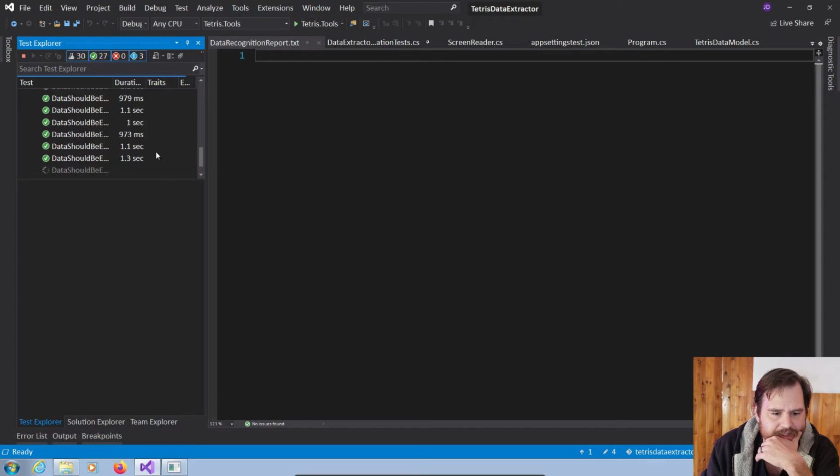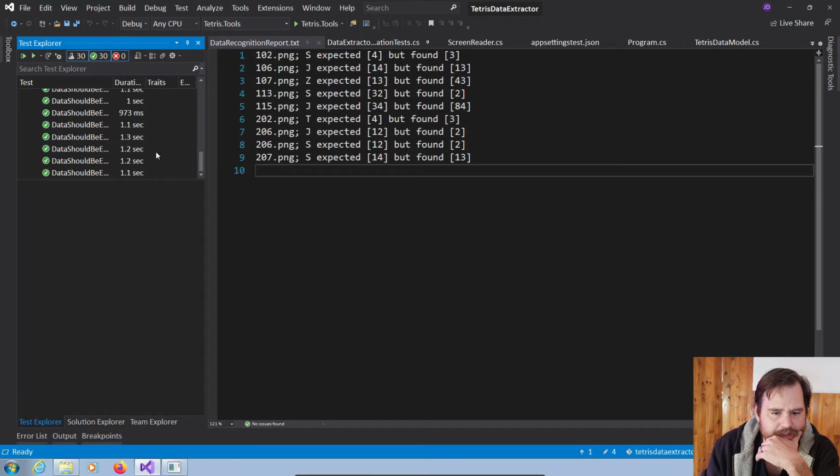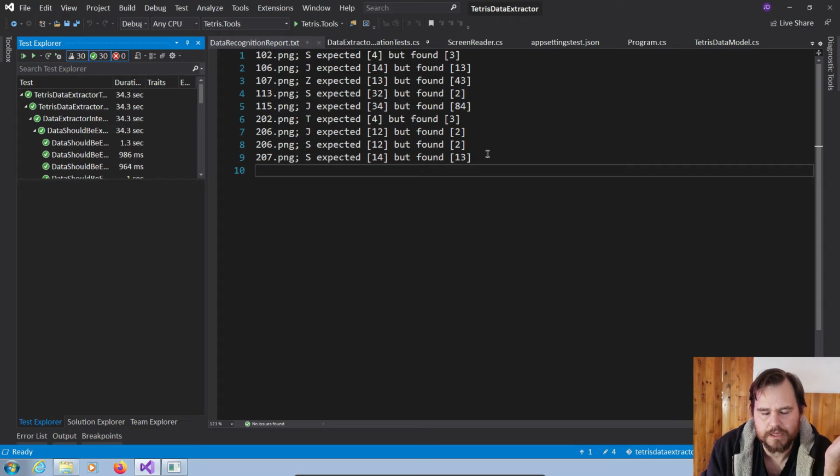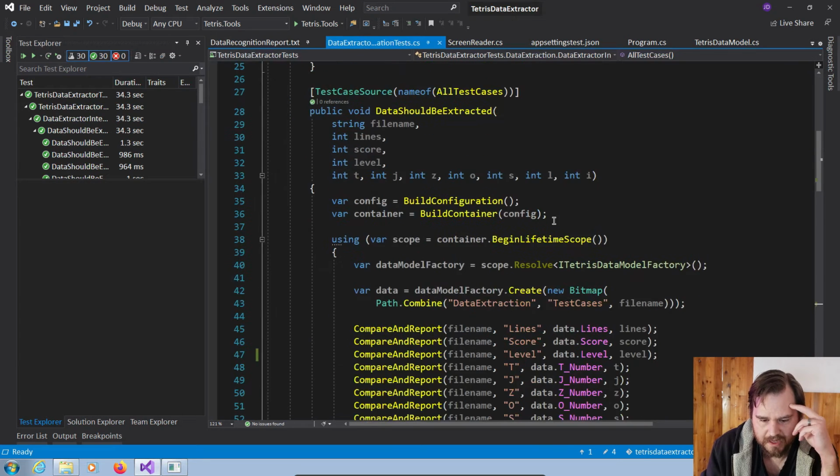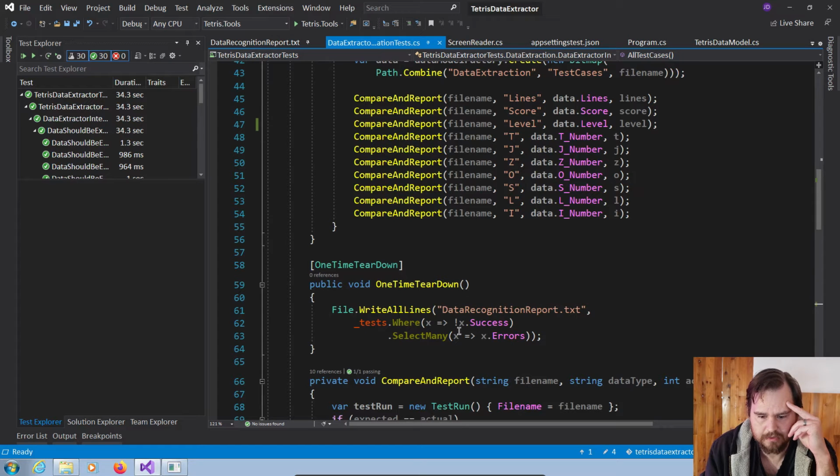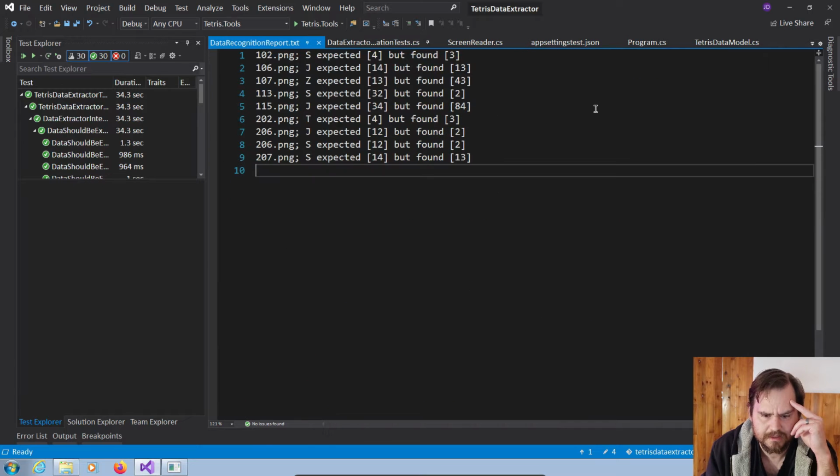What? There we go. Oh, of course, because we didn't. I was thinking, boy, we're not seeing any issues. But I only write the file at the very end when we're ending the test, so that makes sense. Okay, these look familiar. No, they don't. They look different. I'm mistaking 4s for 3s, and 3s for 8s.